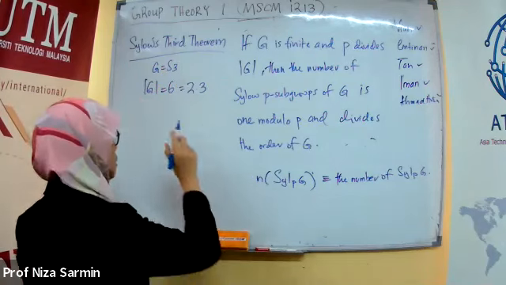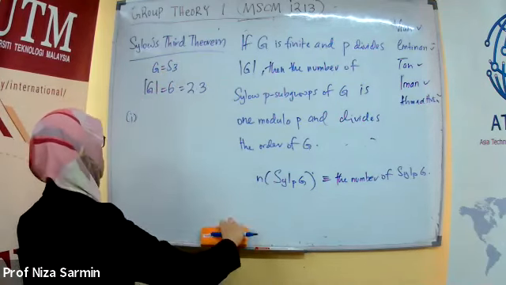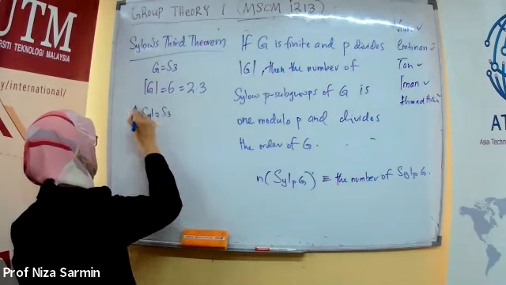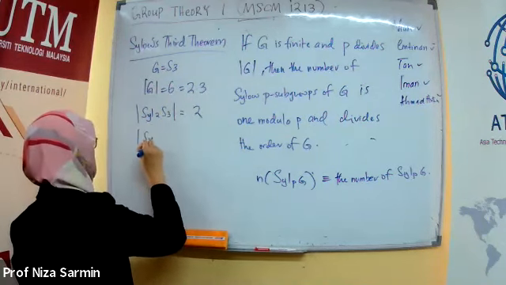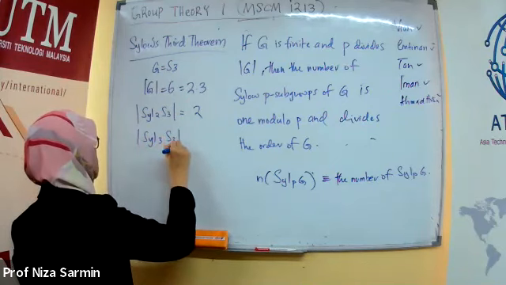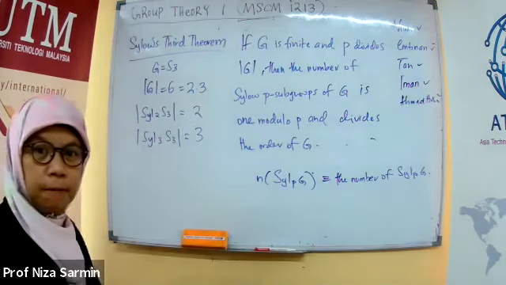So in this case, we have Sylow 2 of S3, which has order 2, and Sylow 3 of S3 has order 3, okay?